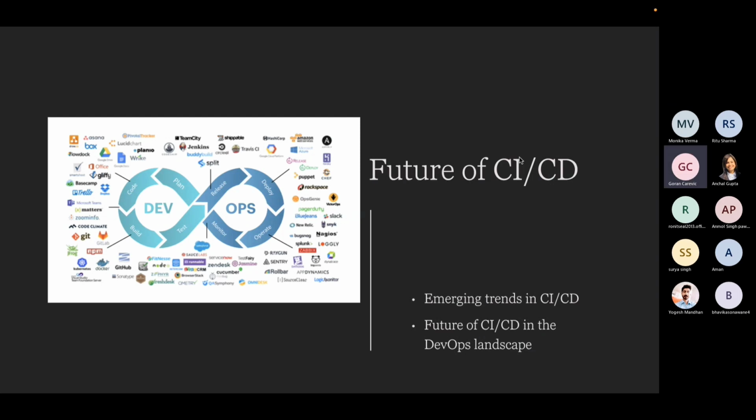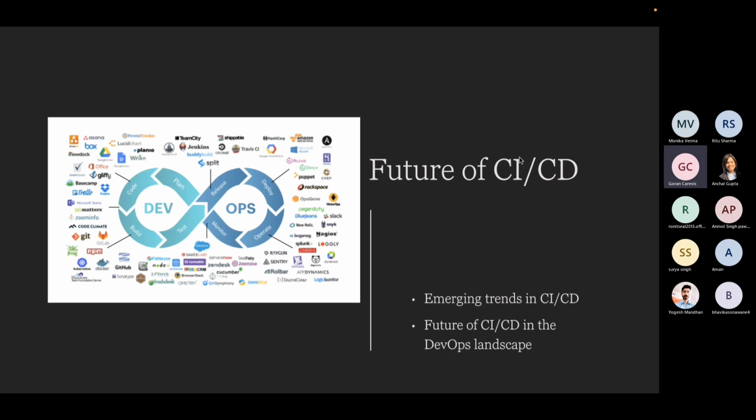Another trend that we are seeing is the rise of serverless computing. Basically, that's a new way to reduce costs and increase scalability. CI/CD pipelines will have to adapt to this new architecture and support the deployment of serverless functions.